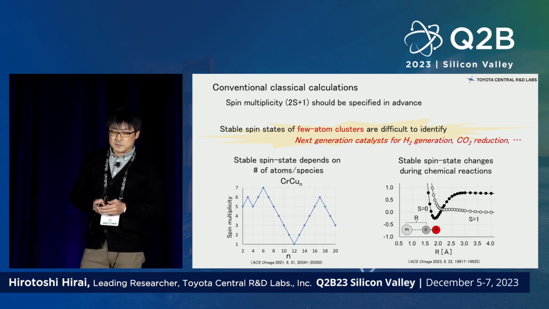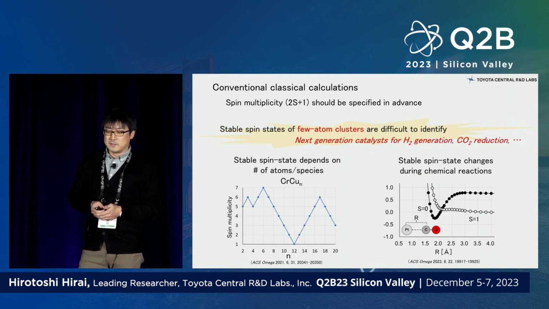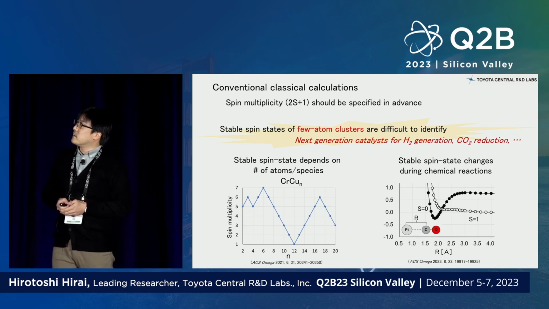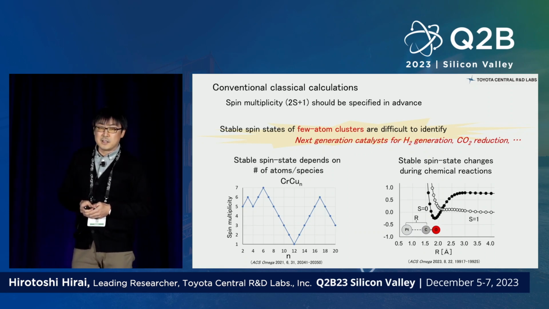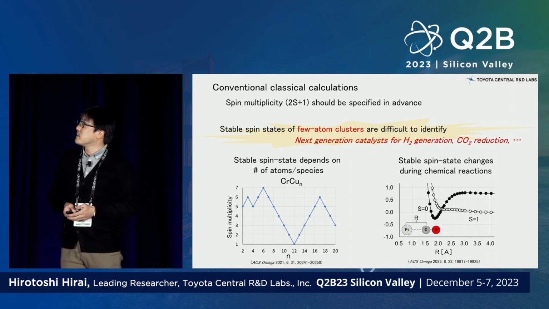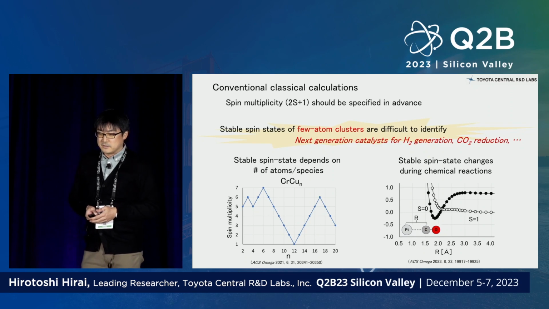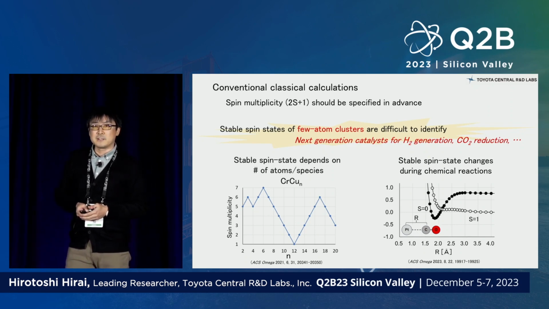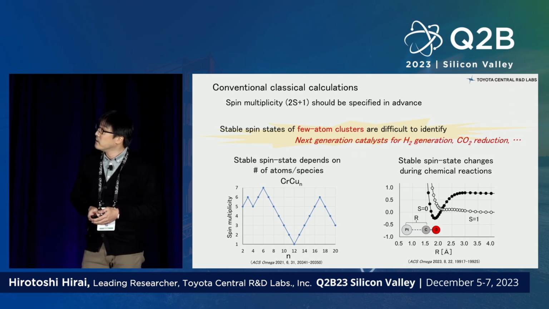For example, the stable spin state of metal atomic clusters is difficult to identify. But these materials are expected as next generation catalysts for hydrogen evolution and CO2 reduction. And these materials are very important for our business and a carbon neutral society.